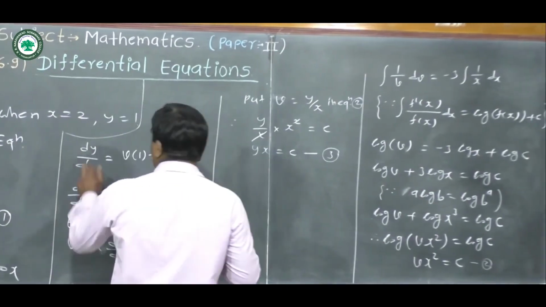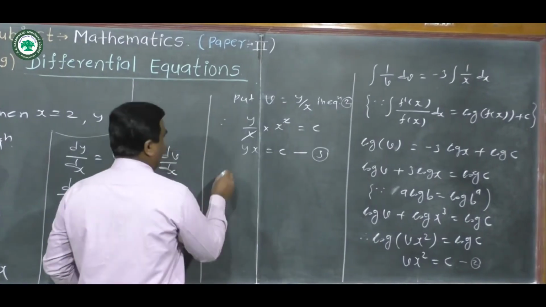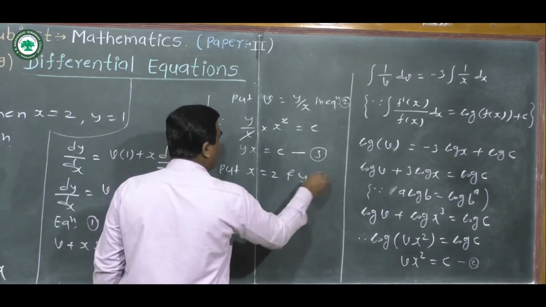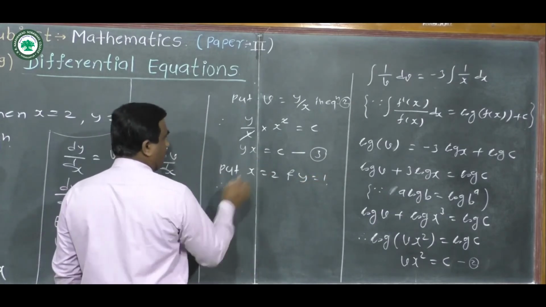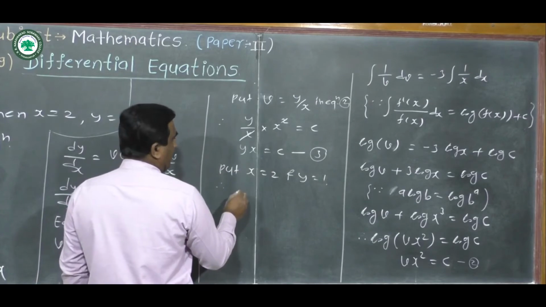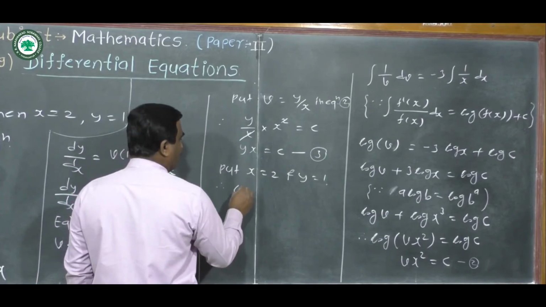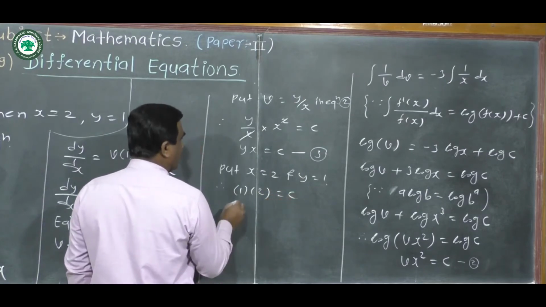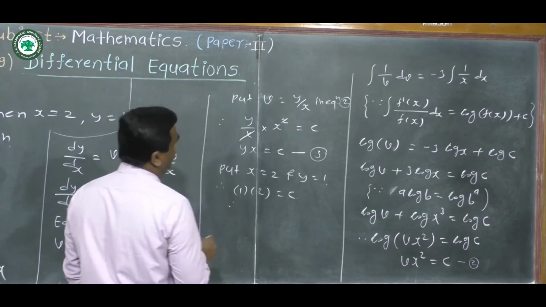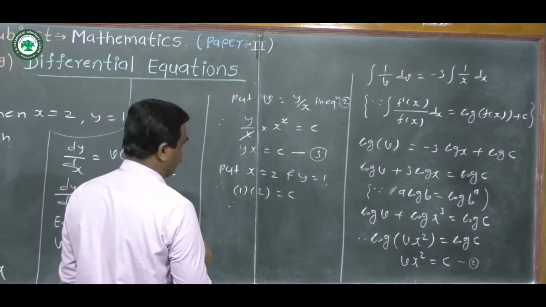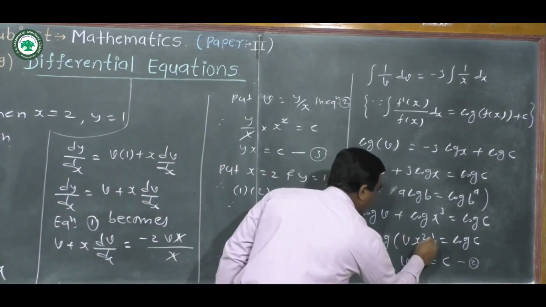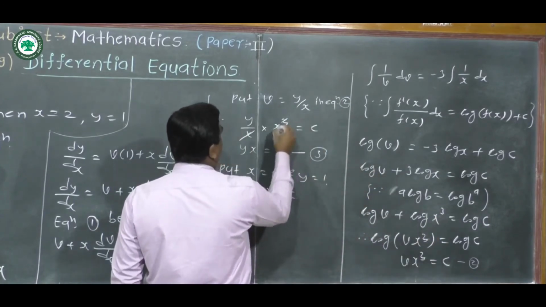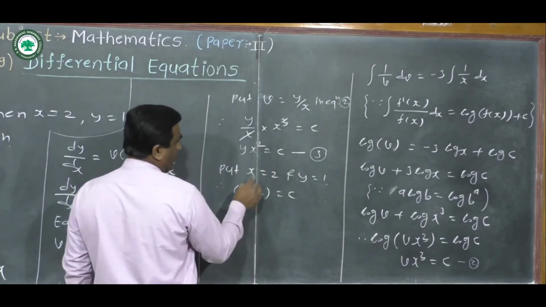Now we use condition here, put x equal to 2 and y is equal to 1. Therefore, this equation becomes y is equal to 1 into x square, value of x equal to 2.